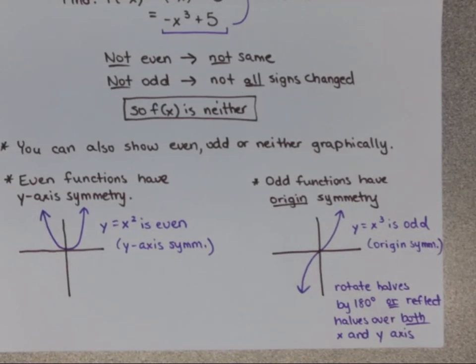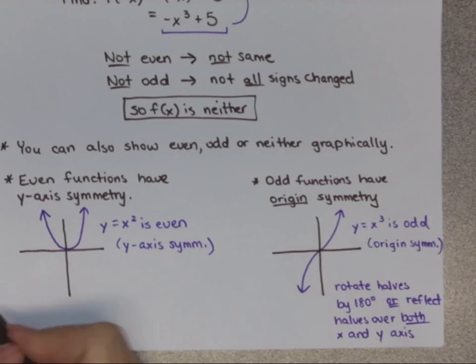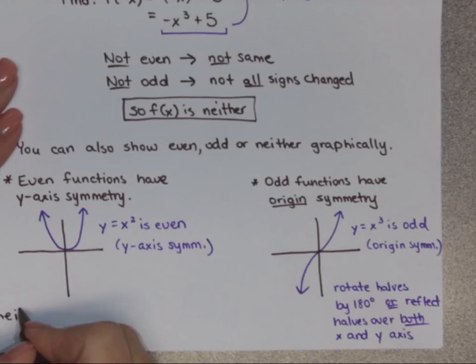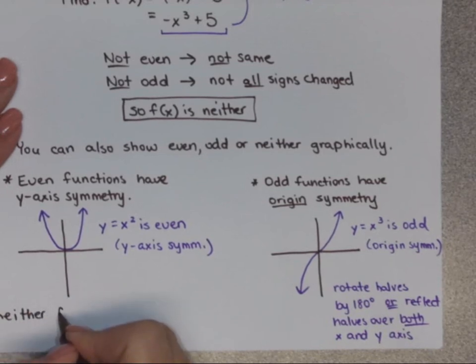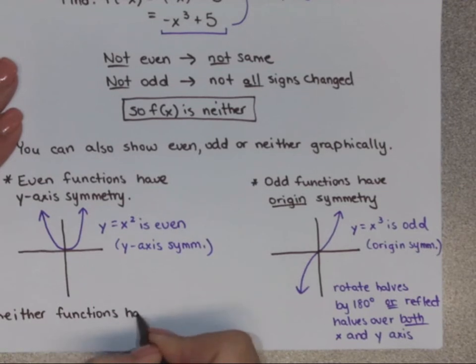It's odd. Okay, and if it doesn't have that kind of symmetry, so let's finish this off. So basically, neither functions have neither of these types of symmetry. It doesn't necessarily mean they won't be symmetrical. It means they won't be these kind of symmetrical.